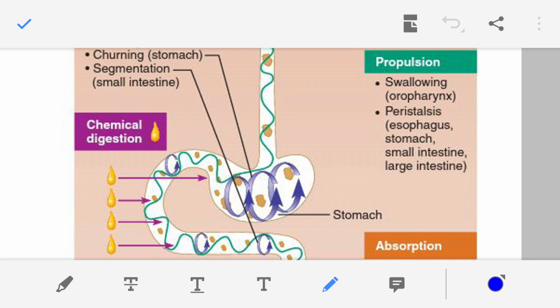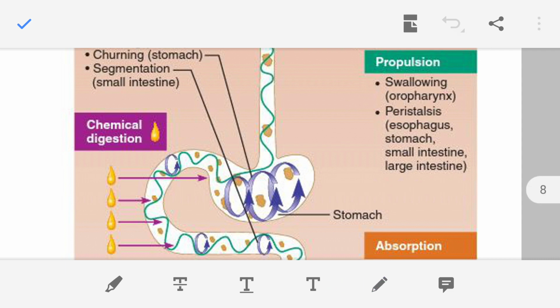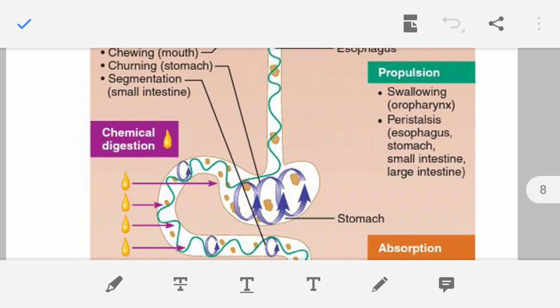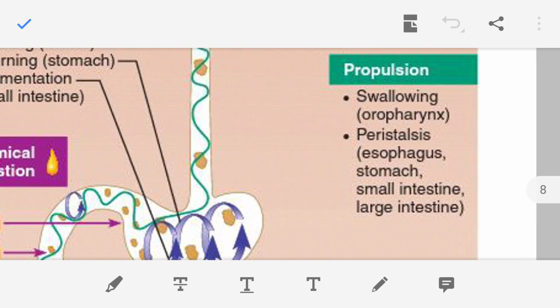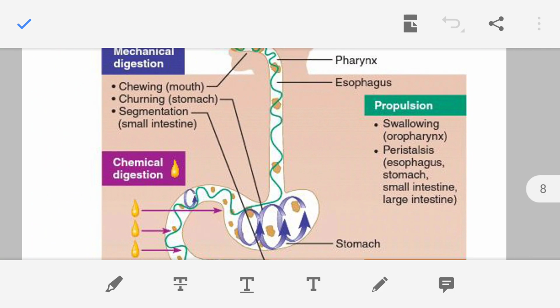So the food moves in the entire GI tract by peristalsis. Swallowing and peristalsis, these two processes are included under the heading of propulsion.